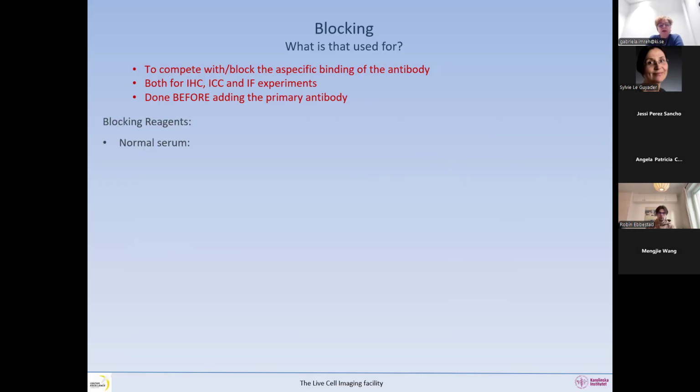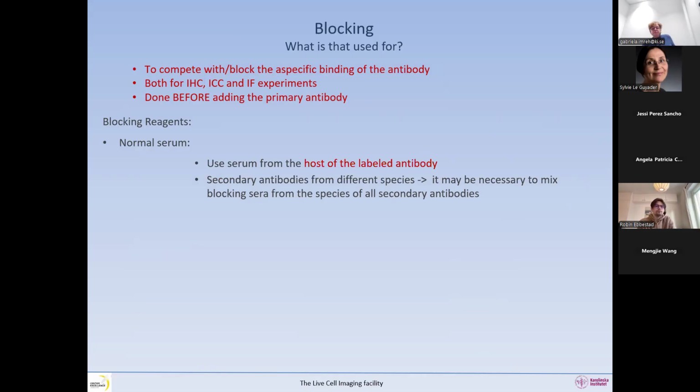And there are many blocking reagents. The most commonly used is normal serum, and the serum should be from the host of your labeled antibody. If you have secondary antibodies from different species, it might be necessary to mix the blocking sera from all the species of all the secondary antibodies.